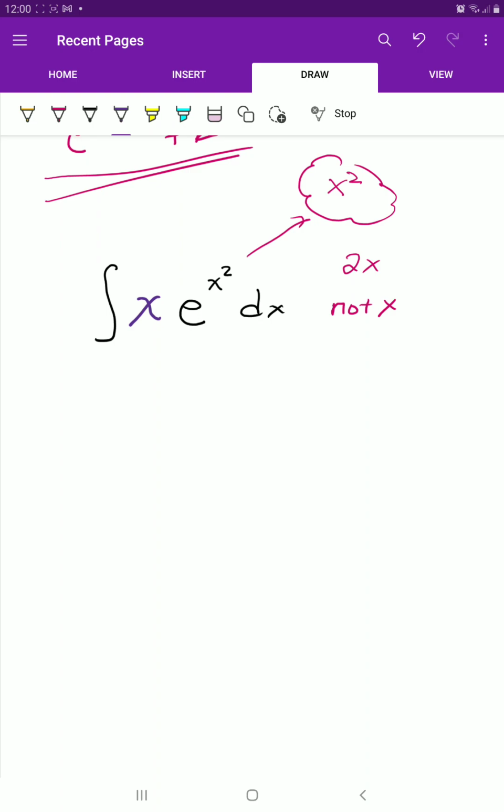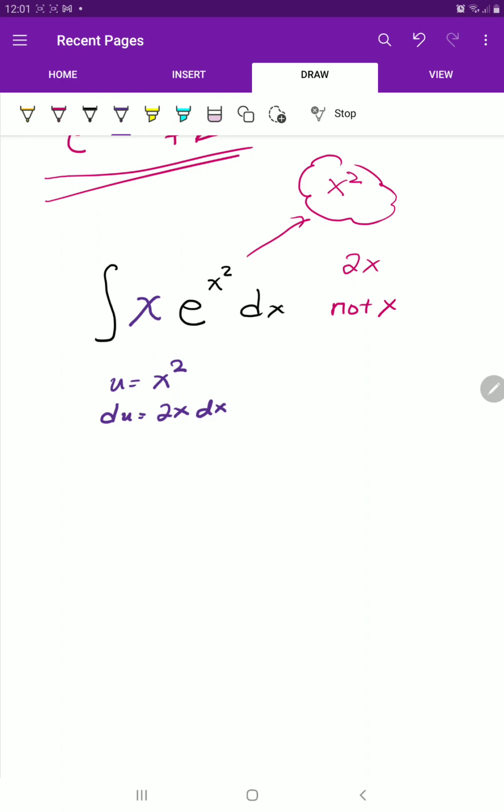And for you to be able to know the techniques, you should be able to understand the anatomy of the question. So again, in here, our u, let me do it step by step, is equal to x squared. The derivative of u is 2x dx.